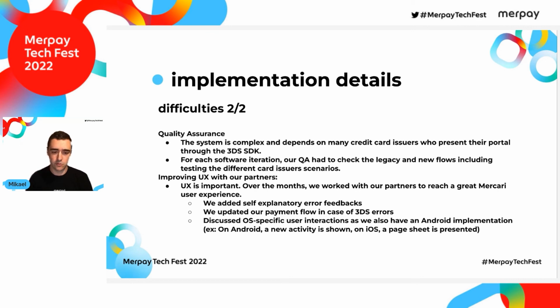So we needed to customize all error messages that the 3DS SDK would send back to us. We also updated our payment flow in case of 3D Secure errors, because the errors are of many different types. We needed to handle them sometimes in different ways.